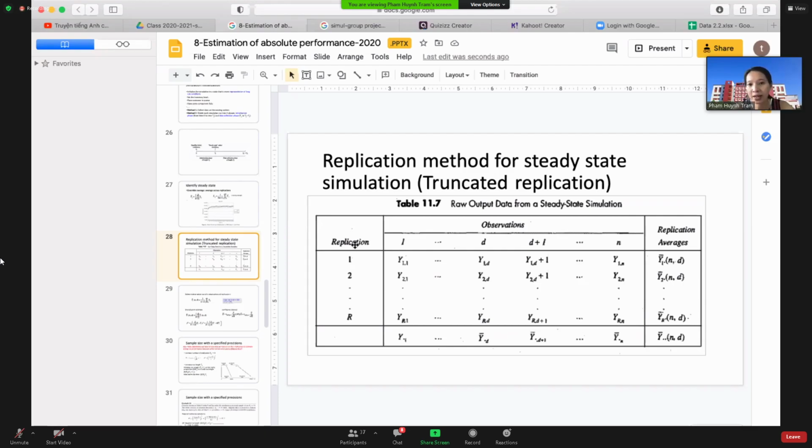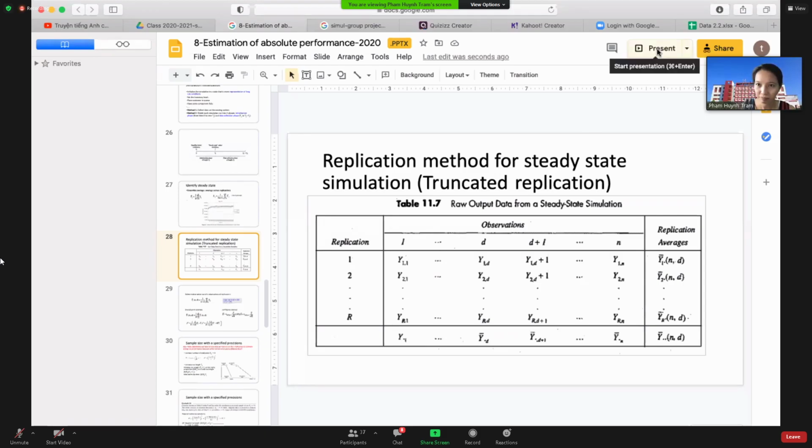We need to use the across replication data in order to use the classical statistical formula to estimate the half width of the confidence interval. The only difference is that we don't use the data in the warm-up period.